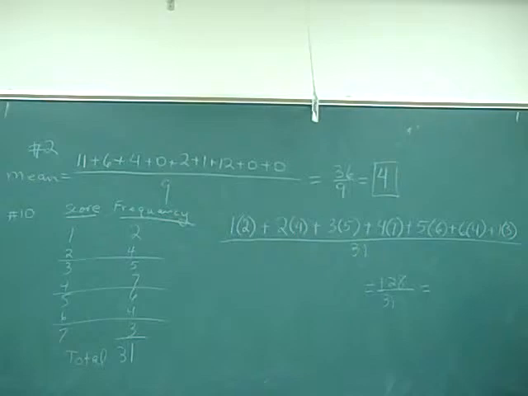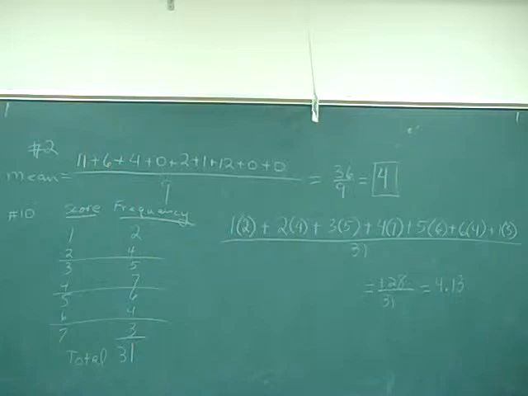And so now our mean is going to be, anybody get that? 4.129. Yeah, 4.13. And so we're going to just round that to 4.13. It doesn't tell you what to round it off to, so if you put 4.1 or 4.13, either one of them would be okay.